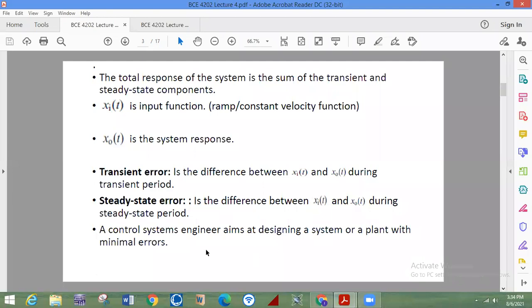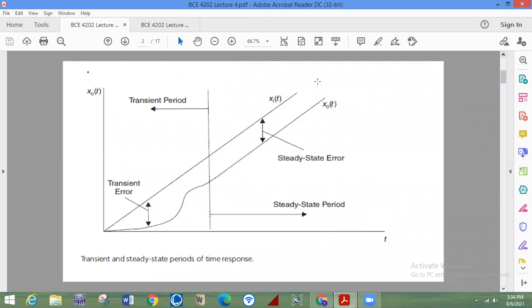At this point, a control systems engineer aims at designing a system or a plant with minimum errors. We've already seen that, taking an example of this system, we have transient error and steady state errors.